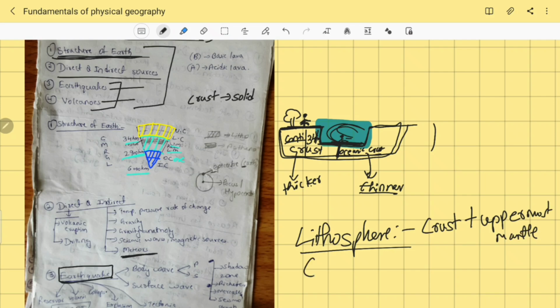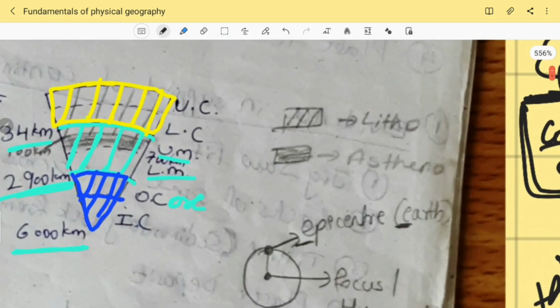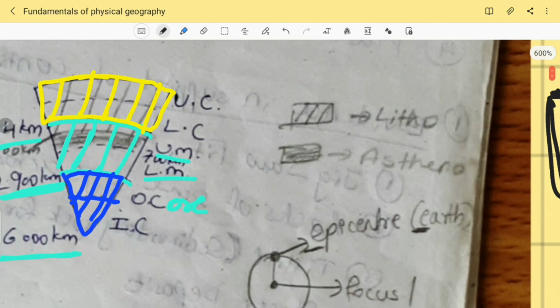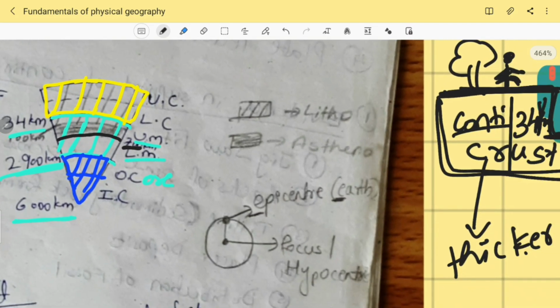Lithosphere extends from 0 to 100 kilometer. So don't get confused with the whole upper mantle. Upper mantle is till 700 kilometer, but lithosphere has only the uppermost mantle.